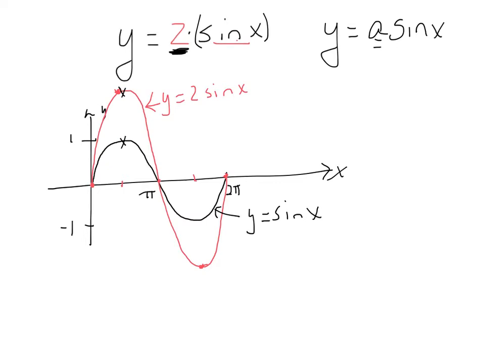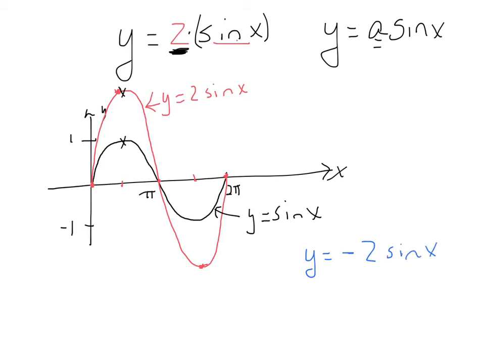Now, interestingly enough, I can actually give you a function with an amplitude, and I can negate it. So let's say I want a function that says y equals, say, negative 2 times the sine of x.